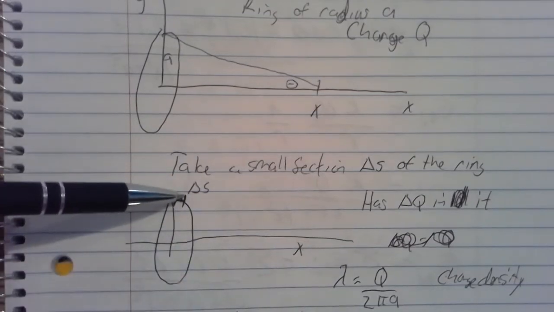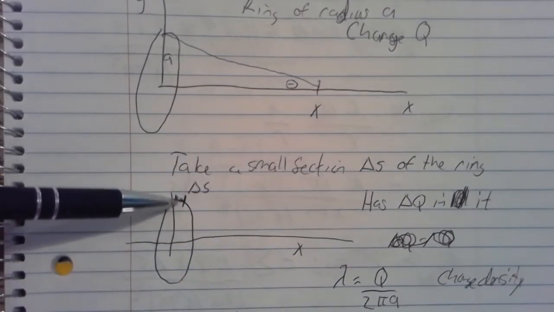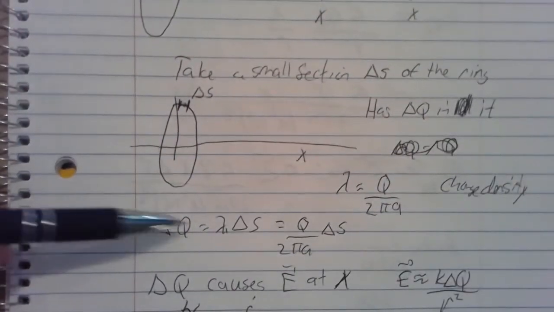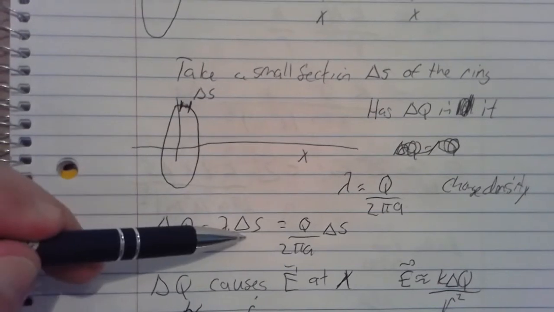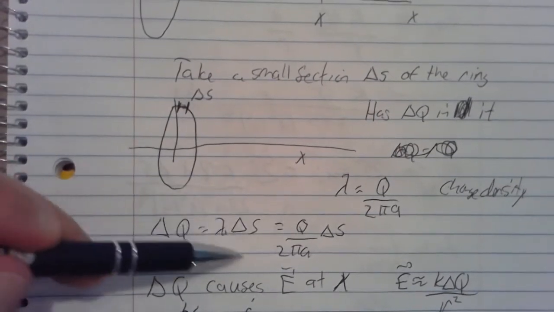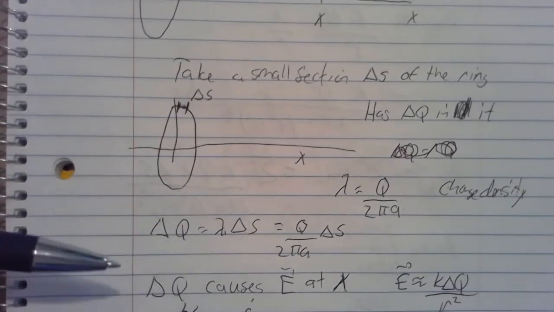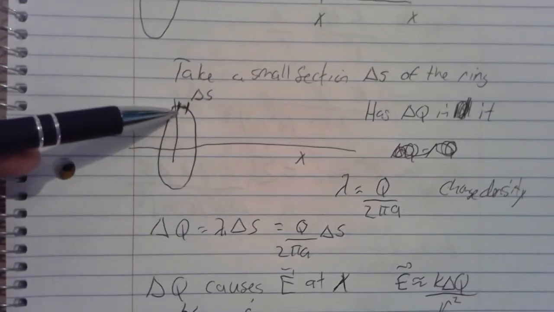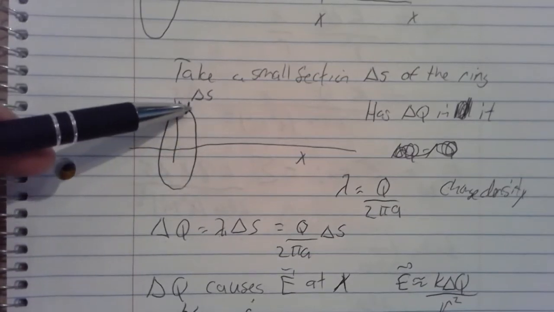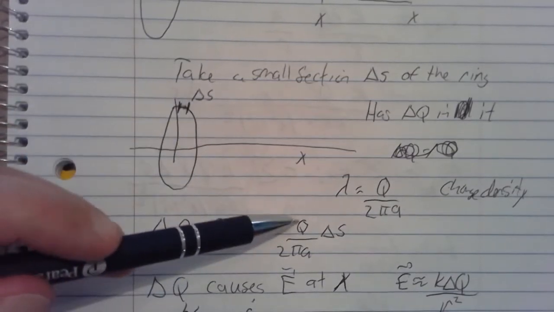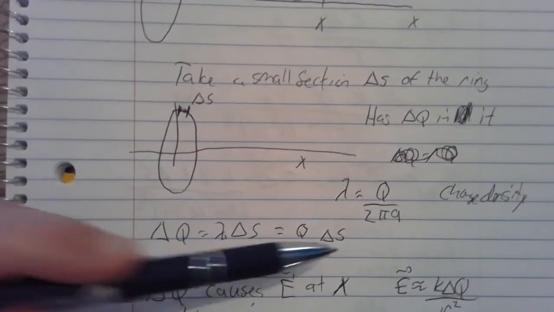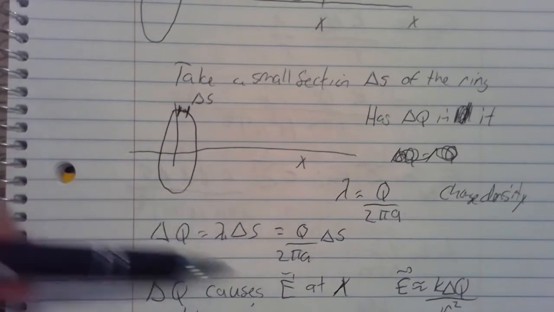So the amount of charge in this little segment right here, delta Q, will be the density times the length. That's charge per unit length. That's length. So the amount of my total charge, Q, that lives in this little section here is the total divided by the total length times delta s. That's the key to the whole problem right there.